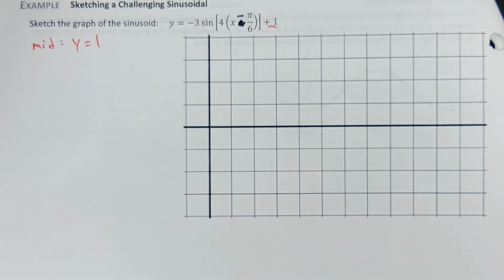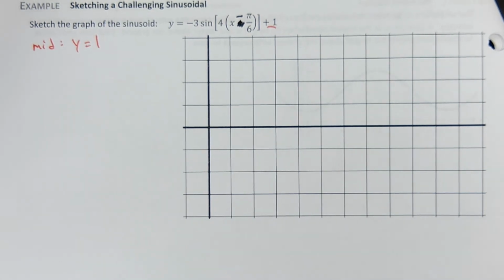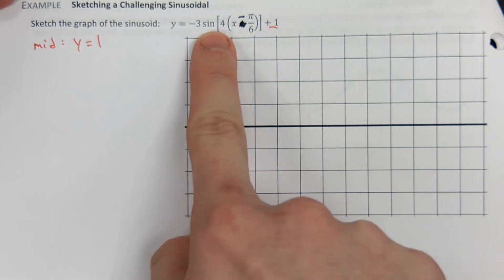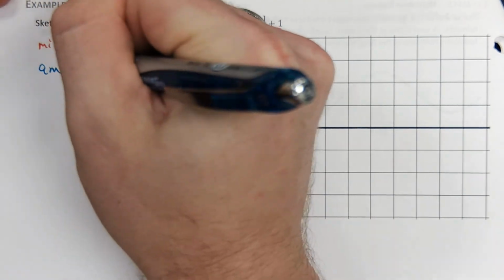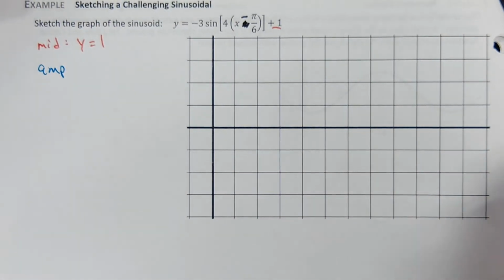Our amplitude this time is 3. Maximum goes up to 4, minimum will go down to negative 2. But there are 4 tick marks here, so we can still go by 1s on our y-axis. Yeah, 1 plus 3 and 1 minus 3.